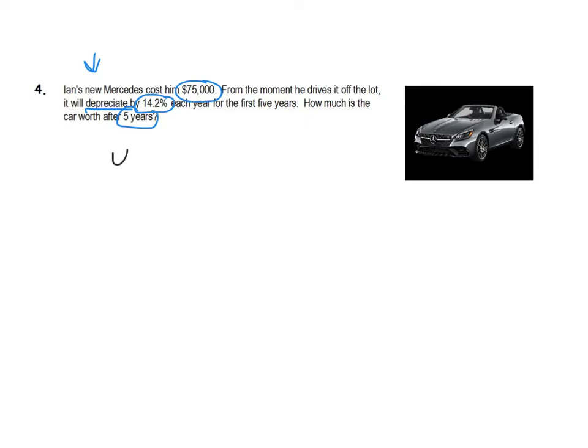So let's start by writing the decay formula here. 1 minus r raised to the t power. Let's go ahead and substitute in. Our starting amount is $75,000. I'm going to switch colors here. 1 minus, okay, so 14.2%.